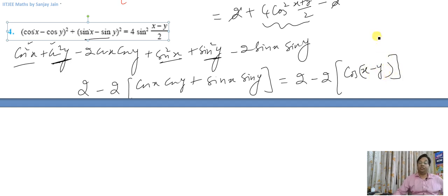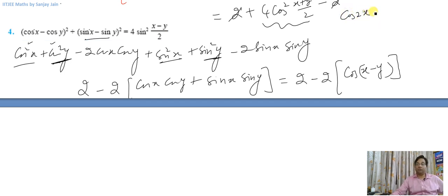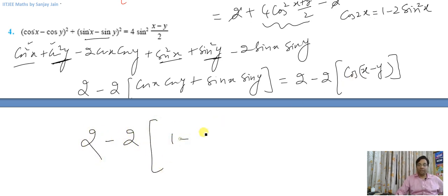So 2 minus 2 cos (x minus y), right? And on the right hand side, I require sin square. So I told you that cos 2x can also be written as 1 minus 2 sin squared x, right? So this is what I am going to do with this expression. So 2 minus 2 times (1 minus 2 sin squared). Now see, this was 2x, this is half of 2x.